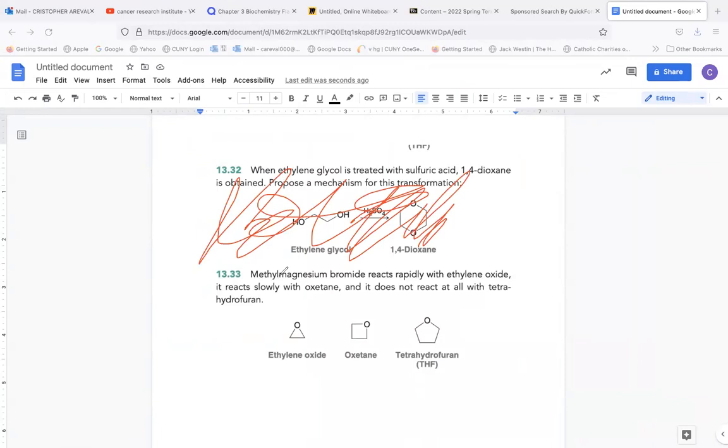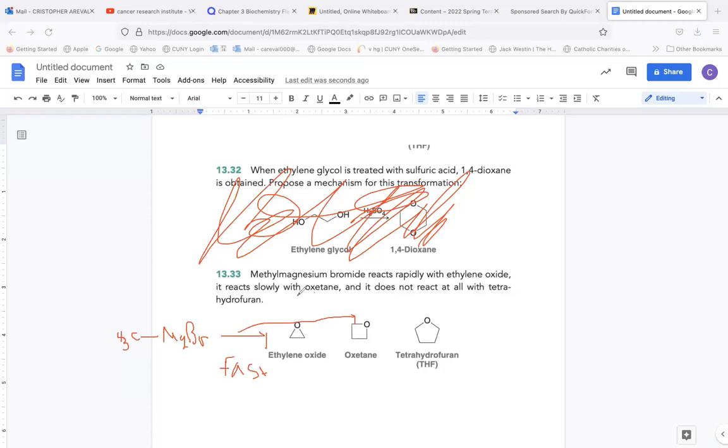It's more like intellectual, like thinking. For example, what is it asking, right? It's saying that methyl magnesium bromide reacts with this very fast. You don't see the methyls right here, CH3. And then for this one right here, octane, slow, right?